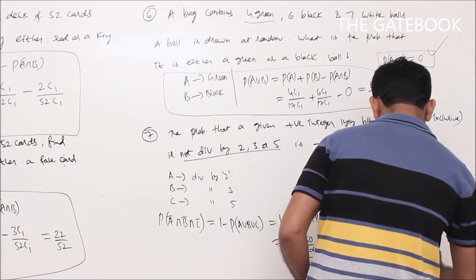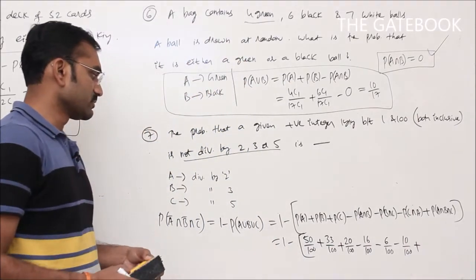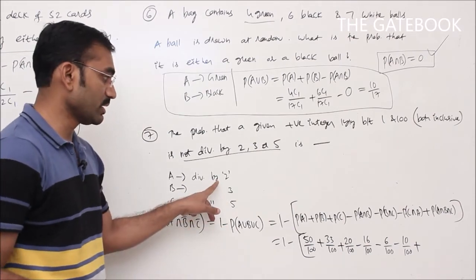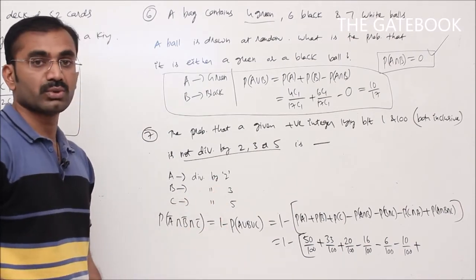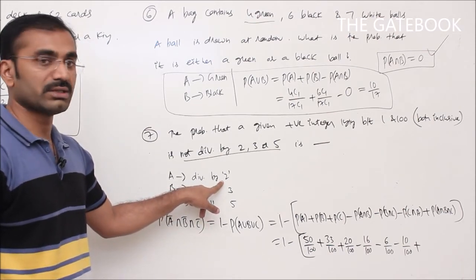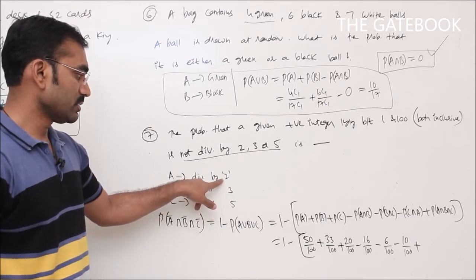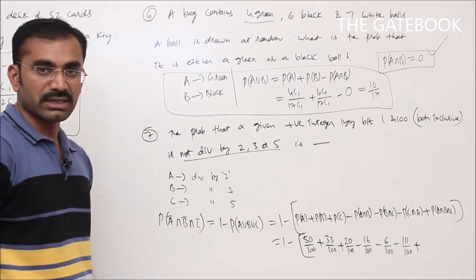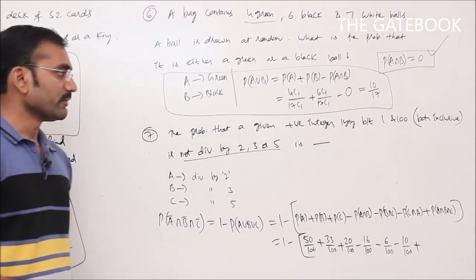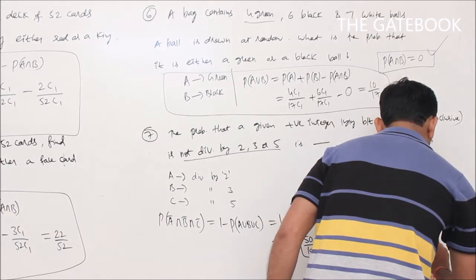10 by 100, plus A intersection B intersection C, means numbers which are divisible by 2 and 3 and 5. That means numbers divisible by the LCM of 2, 3 and 5, which is 30. So the number of numbers divisible by 30 from 1 to 100 both inclusive will be 3. 3 by 100.